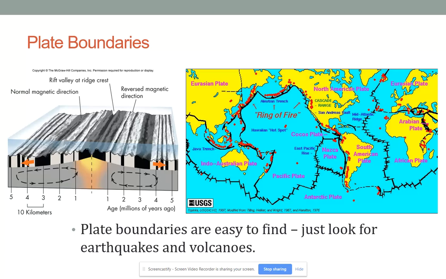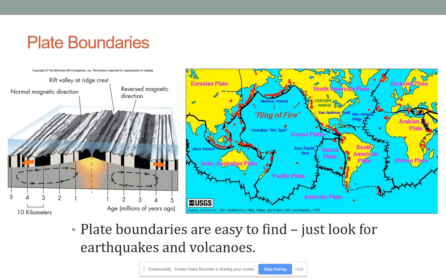These things here are the rift zones. And then you have subduction zones. So you have the plate boundaries. So here's our Pacific plate. And you have the Nazca plate.